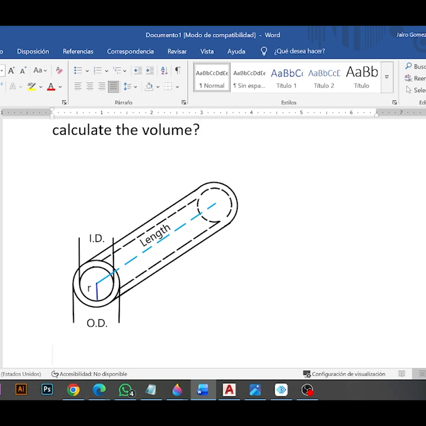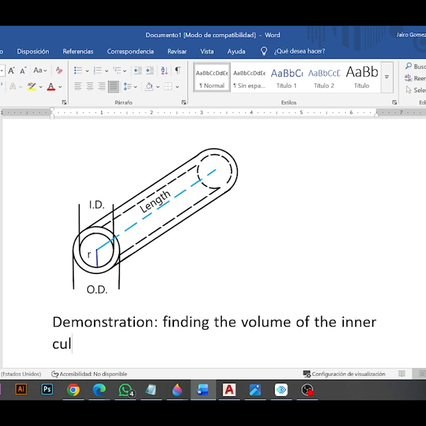And so our first demonstration will consist of finding the volume of the inner cylinder found in a generic 10-foot plastic pipe.